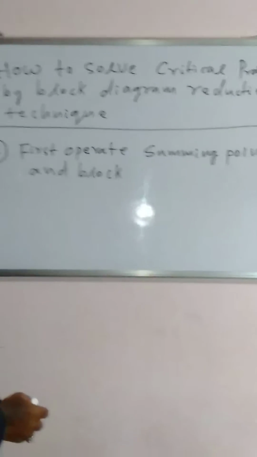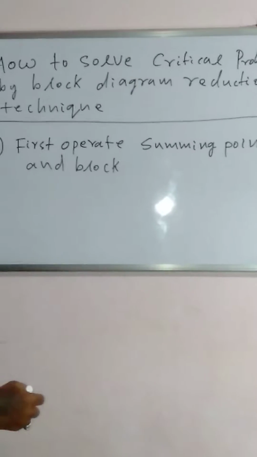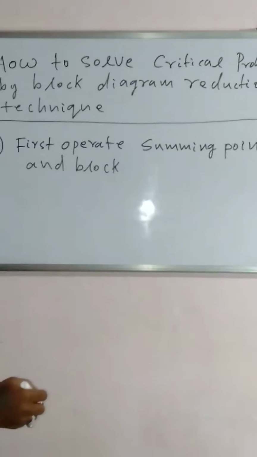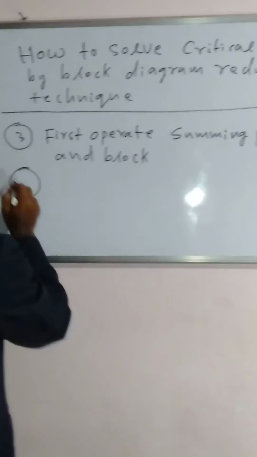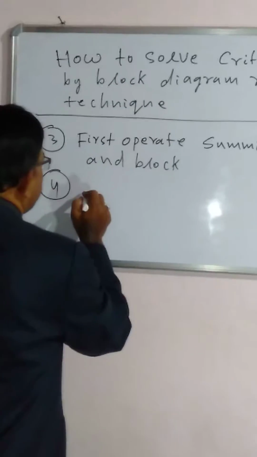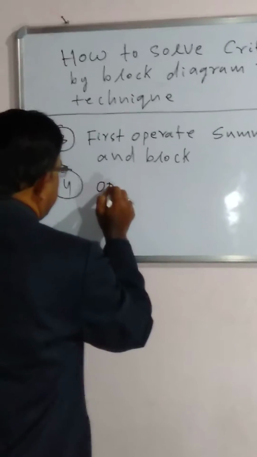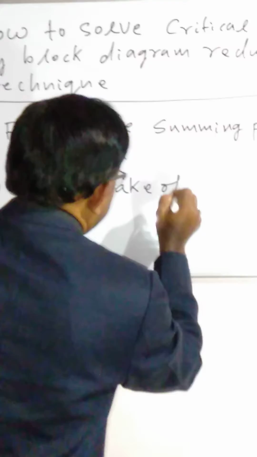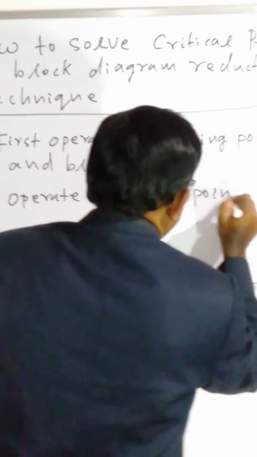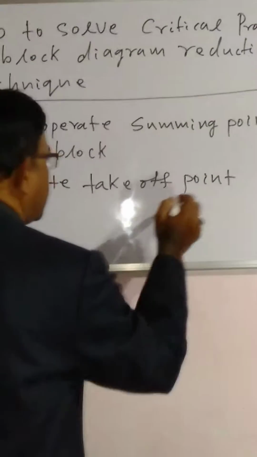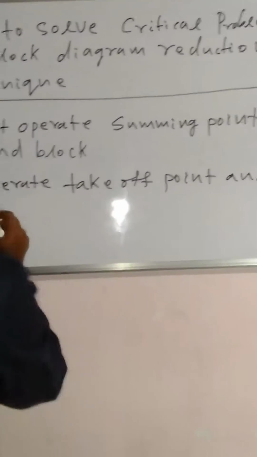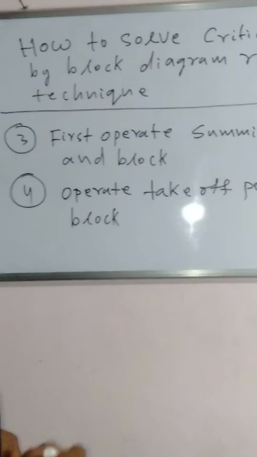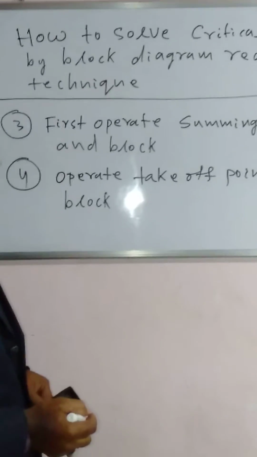Then if the problem is not solved by this, you follow step 4, operate takeoff point and block. It means you should move the takeoff point beyond the block or ahead of the block.